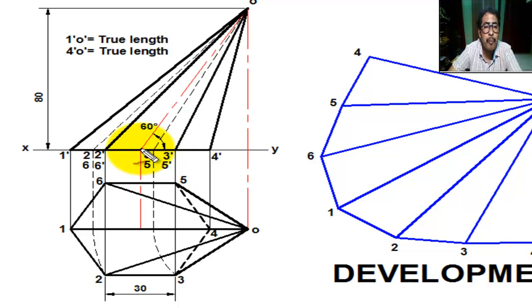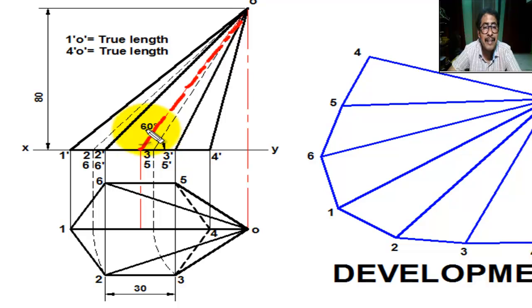Now from this point, draw the axis line 60° inclined with the base, with the XY line.